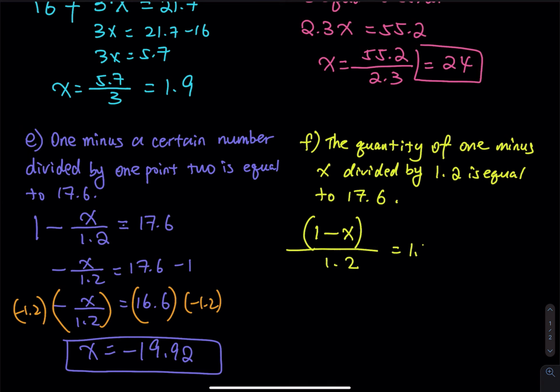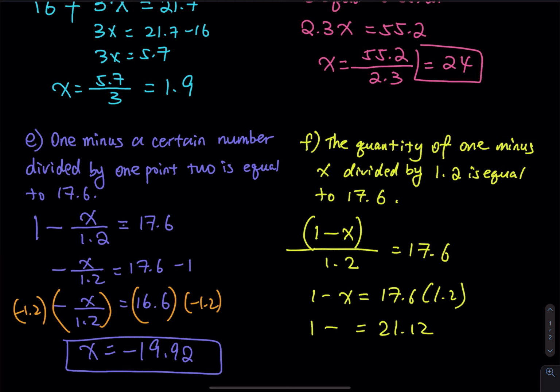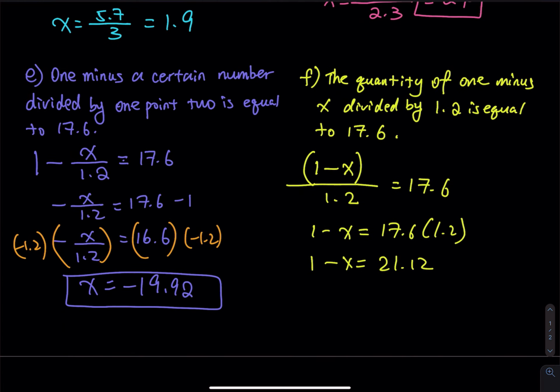17.6. So how do you solve this? You have to multiply both sides by 1.2. So 1 minus x equals 17.6 times 1.2. So 17.6 times 1.2 equals 21.12, right? 1 minus x equals that, and then you subtract 1 on both sides.